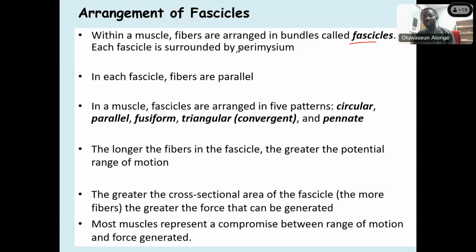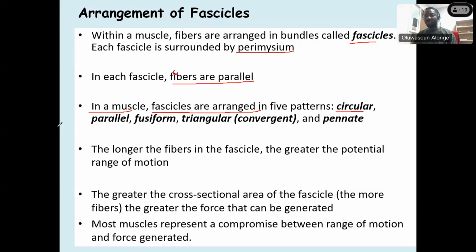Each fascicle is surrounded by perimysium. In each fascicle, fibers are parallel. Those are the muscle fibers. When we say fiber here, we are talking about muscle cells. They are arranged in each fascicle in a parallel manner like this, parallel to each other.